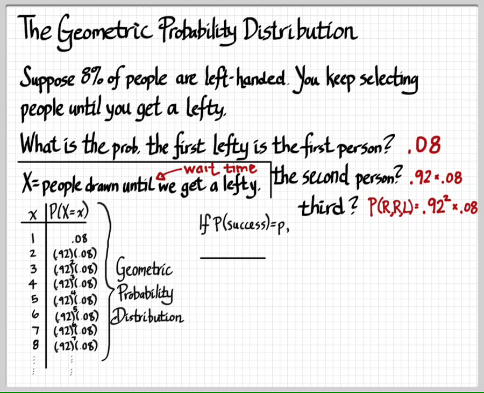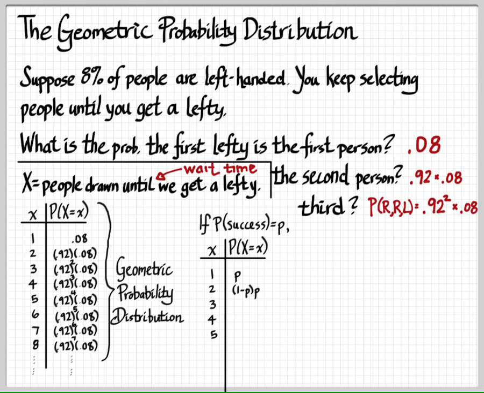If p, probability of success, is replaced with lowercase p, let's look at the table, and it's exactly what you'd think. If we're replacing 0.08, the 8% here, with just p, then this gets changed into p. And if I want this first success to happen on the second attempt, that means I need a failure, then a success. So that's 1 minus p, the probability of failure, times p, the probability of success.